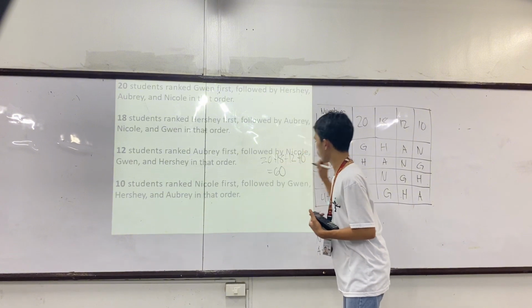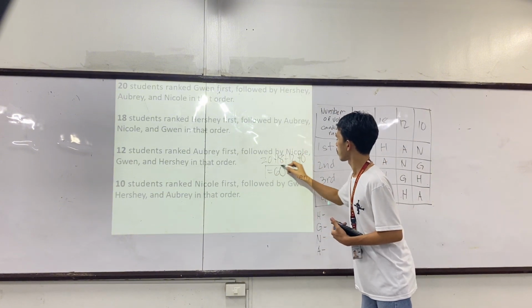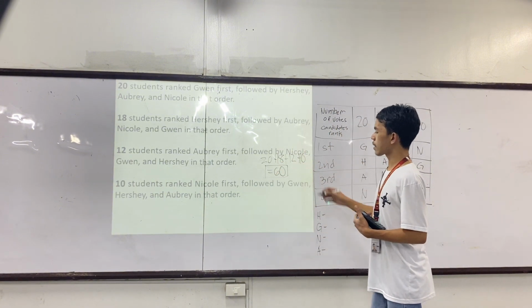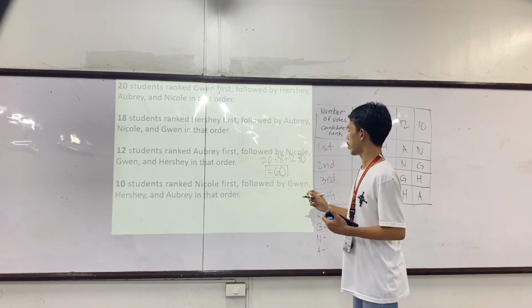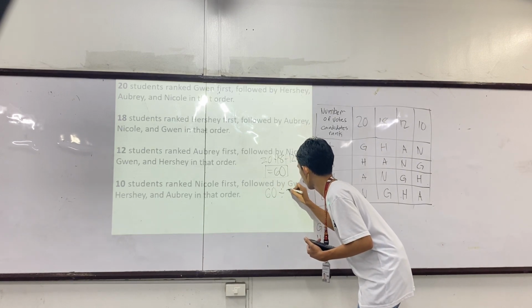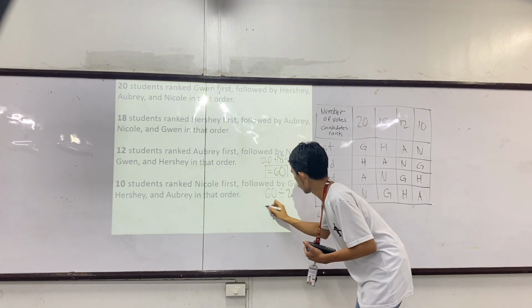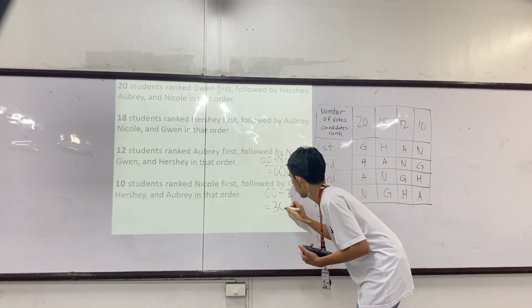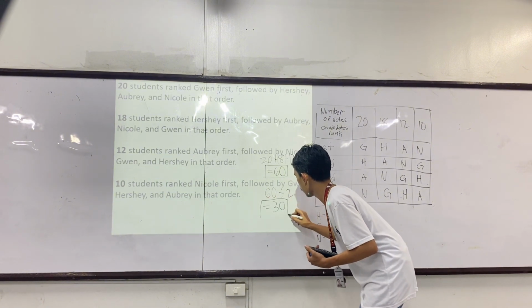That's exactly correct. Next, we get the majority, which is 60 divided by 2, equals 30. So the majority is 30.